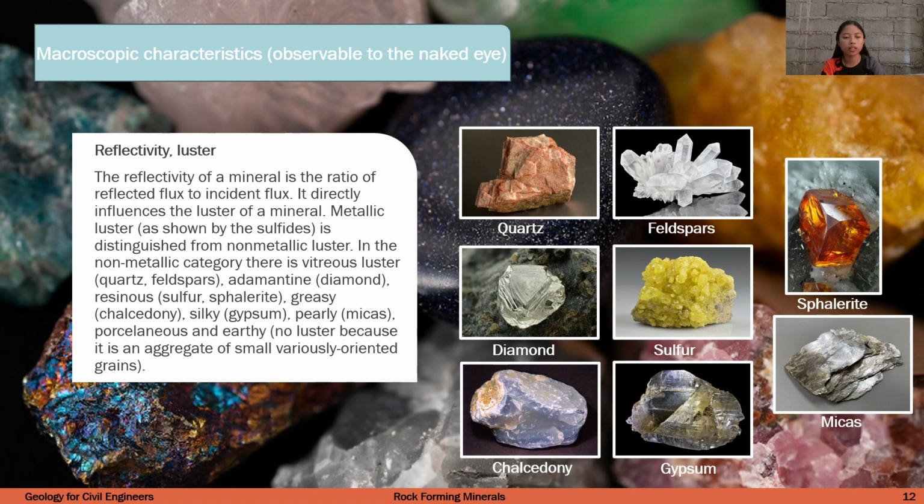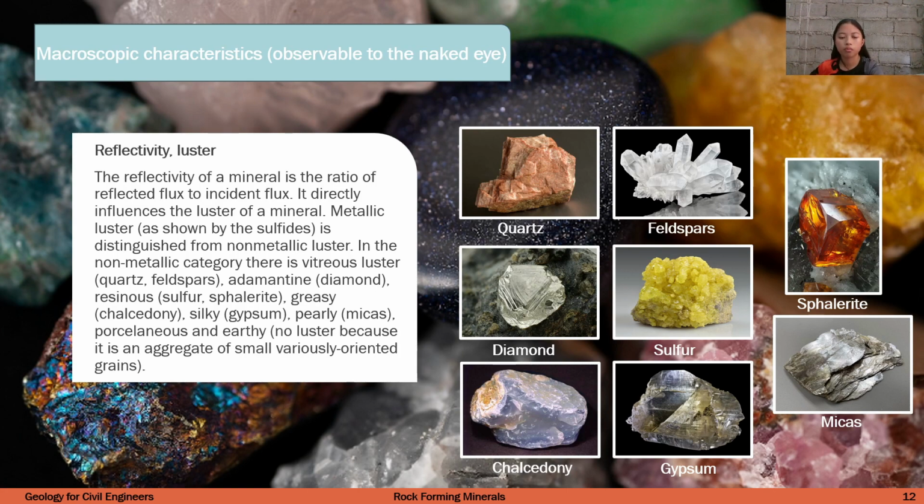In the non-metallic category, there is vitreous luster, quartz, feldspars; adamantine, diamond; resinous, sulfur, sphalerite; greasy, chalcedony; silky, gypsum; pearly, micas; porcelaneous; and earthy. No luster because it is an aggregate of small, variously oriented grains.